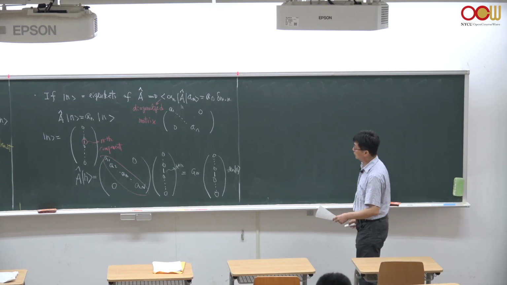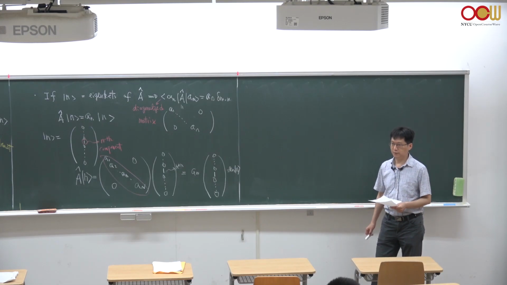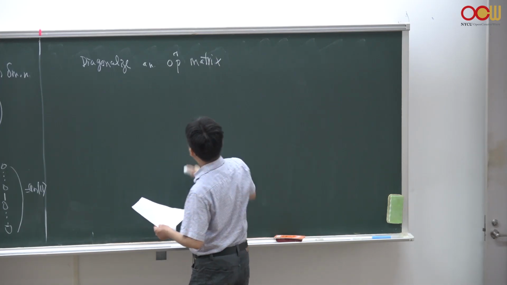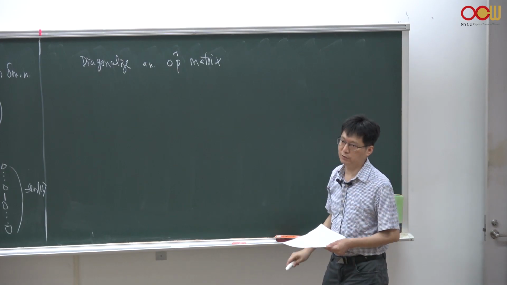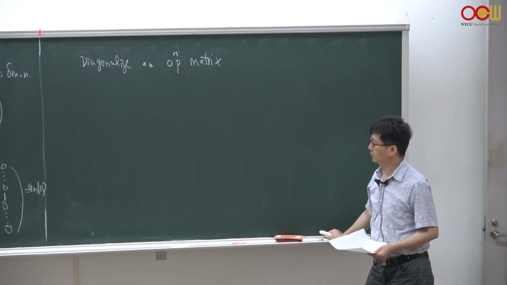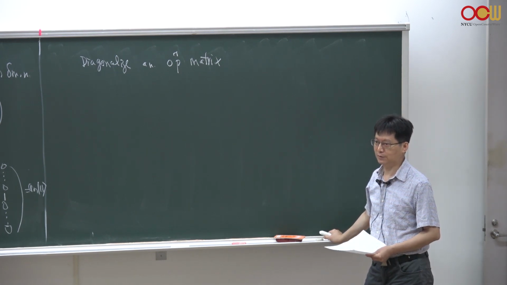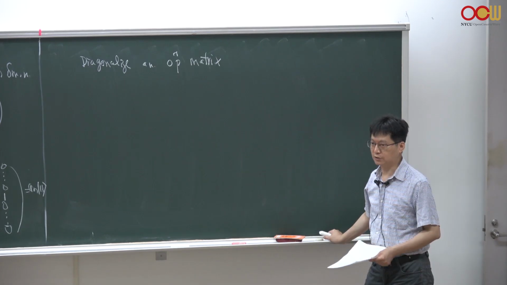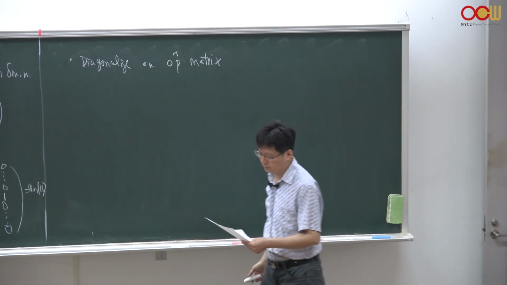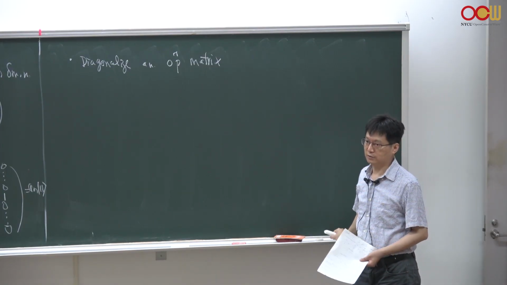So let's try to diagonalize an arbitrary quantum mechanical operator in the matrix form. Diagonalizing an operator matrix is very important in quantum mechanics because, as I mentioned, we desperately need to know the eigenvalues and eigenstates of any quantum mechanical operator. So the way that we know these eigenvalues and eigenstates, in the matrix form, is to diagonalize this matrix.